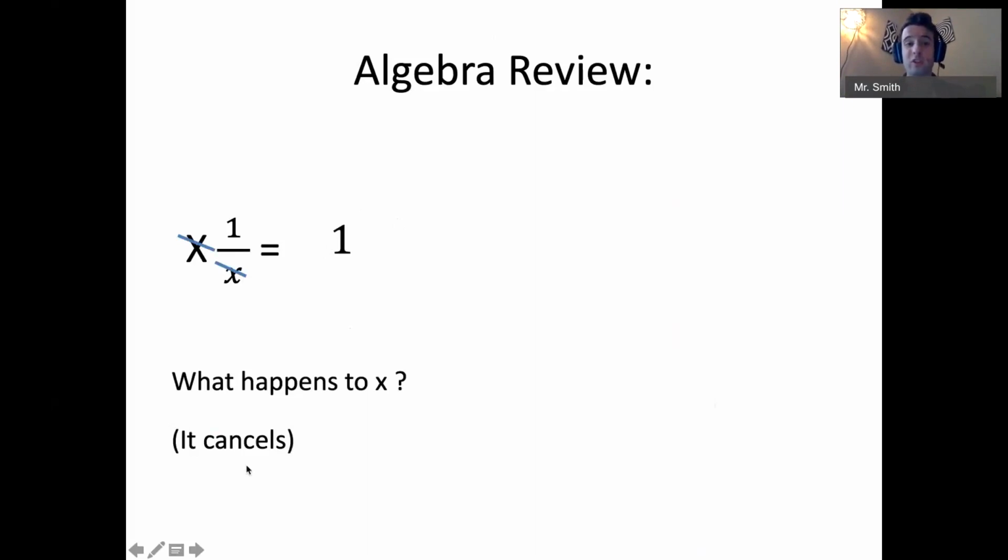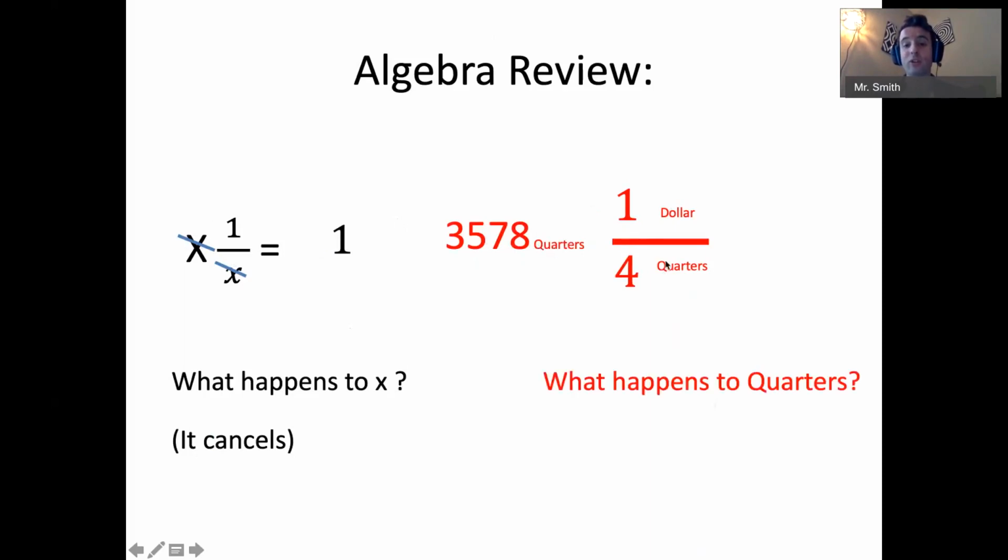What we're going to do is not necessarily worry about numbers, but we're going to use this with units. So let's say, for example, we have 3,578 quarters. Well, we want to figure out how many dollars we have, so we know that for every 4 quarters, you have $1. Now, if we use this little conversion factor here of $1 divided by 4 quarters, we can actually cancel out quarters here.